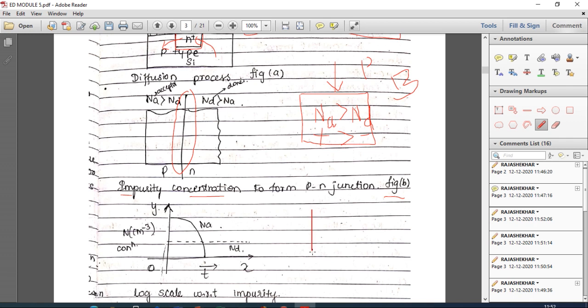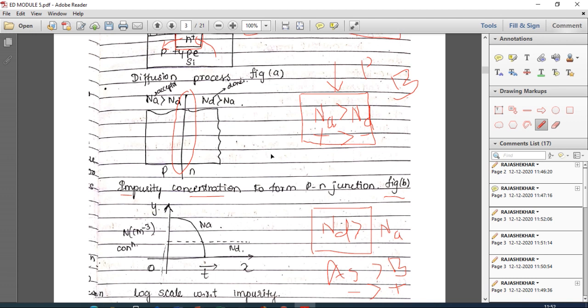Similarly, if I take the same material, and in that the concentration of donor is greater than the concentration of acceptor, for example, if the donor arsenic is greater than boron, that is negative is greater than positive, electrons are greater than holes, then the material which is formed is N-type material.